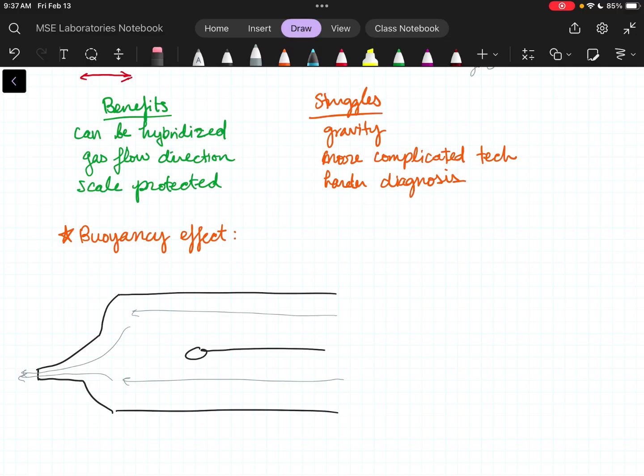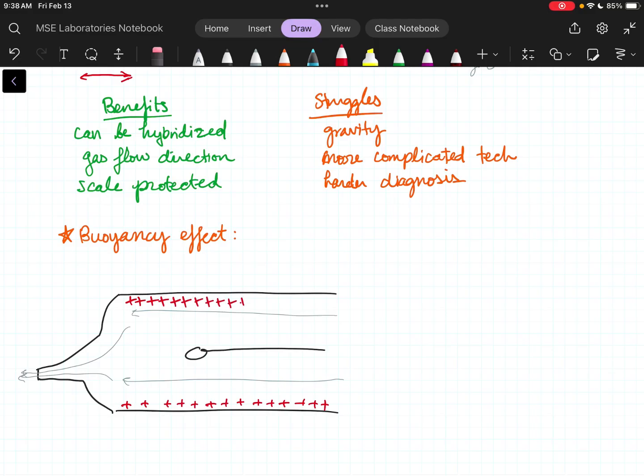Yippee. One of the big struggles that we get with this setup is called the buoyancy effect. Because it's a mass on a scale, when there are sudden weight changes, they happen super slowly. The buoyancy effect, when we're talking about this here, actually has to do with this gas flow.